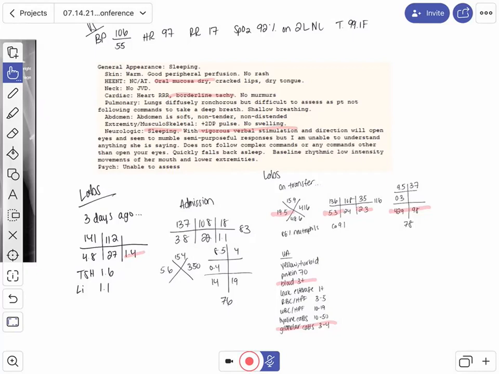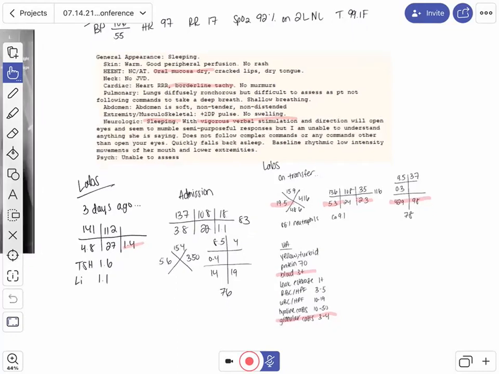All right, take about 30 seconds and wrap up your differentials. All right, so let's start with table one.